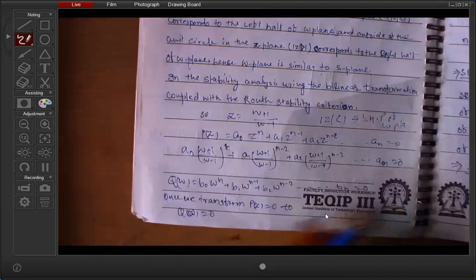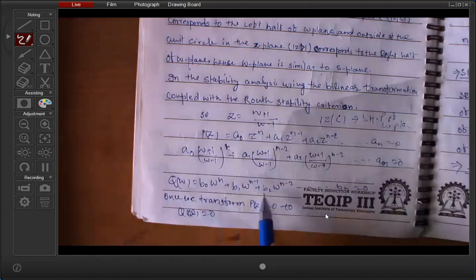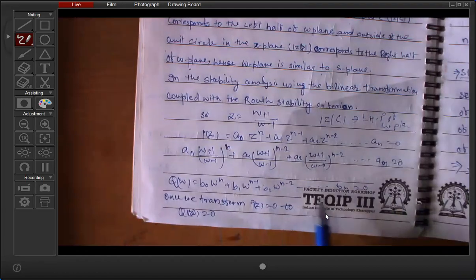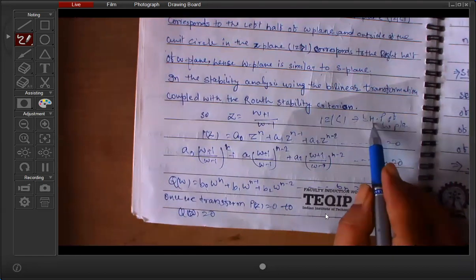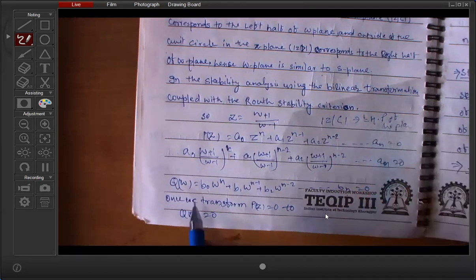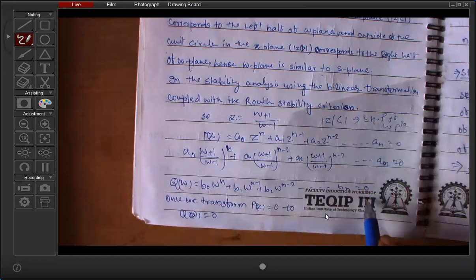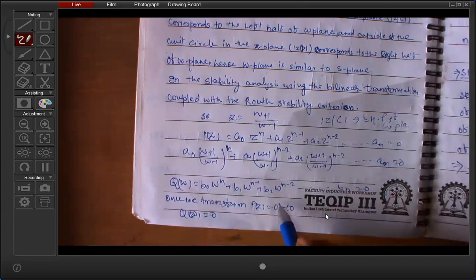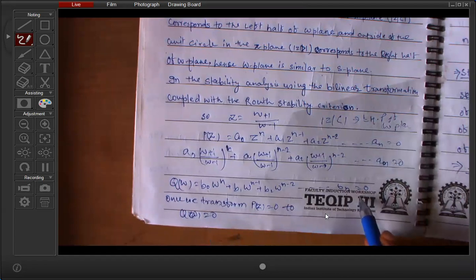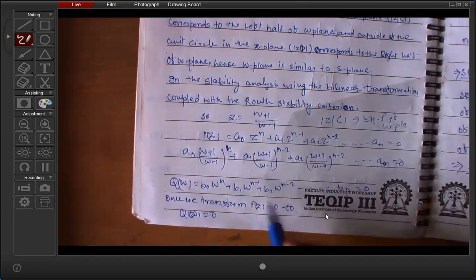That means if you apply the Routh-Hurwitz criteria, and I told you the w plane is similar to the s plane, you can find out the stability using the Routh-Hurwitz criteria.